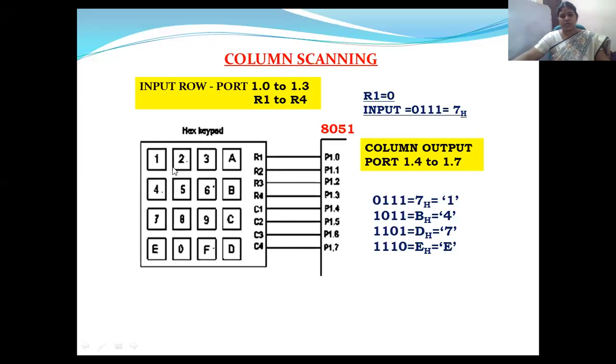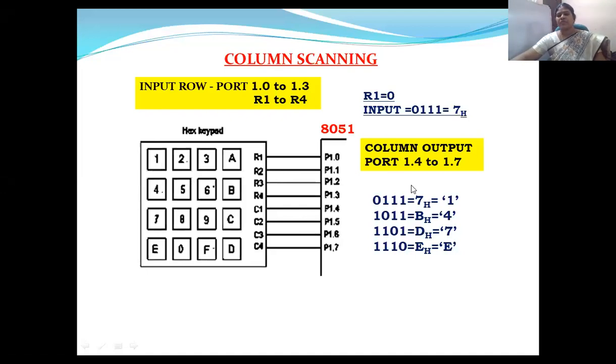What I have written is 1, 4, 7, E. This is your column scanning. We have to see which column has been pressed. One by one you are going to see this, so first I am going to see whether this one is being pressed.